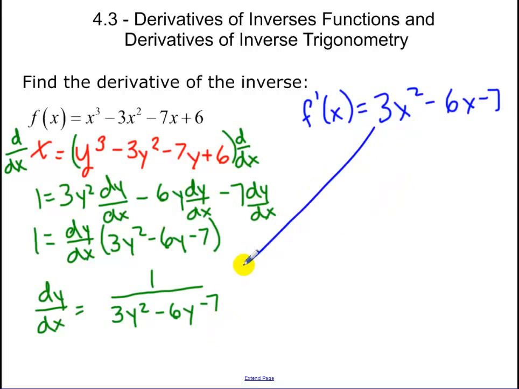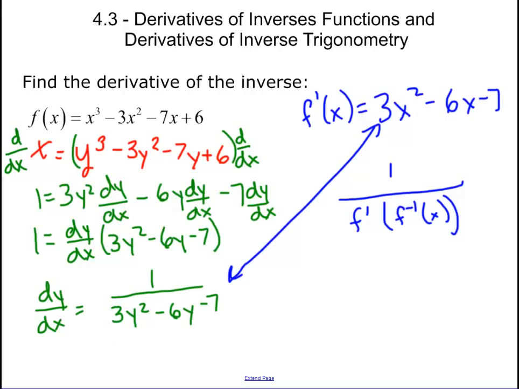How are these related? Well, isn't this 1 over the derivative of the original function, but now with the inverse, or the y's, put in? Okay? That's super important for us to understand.